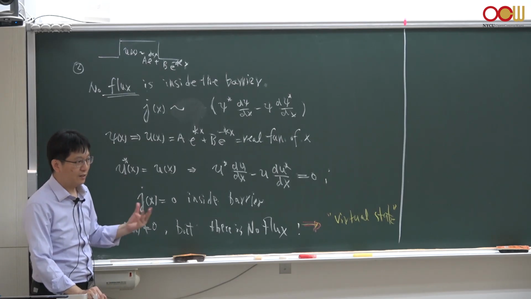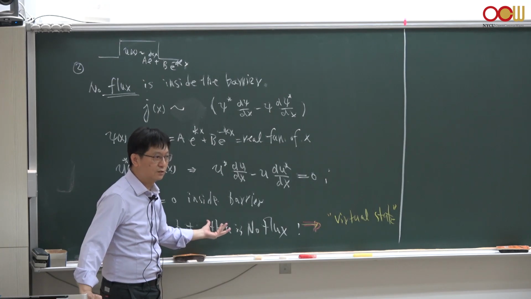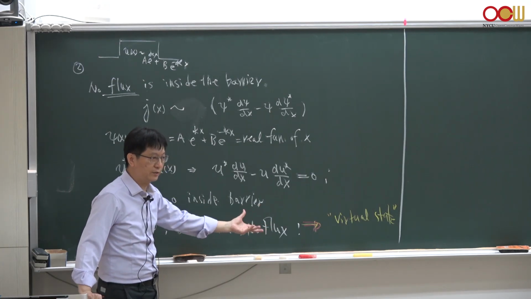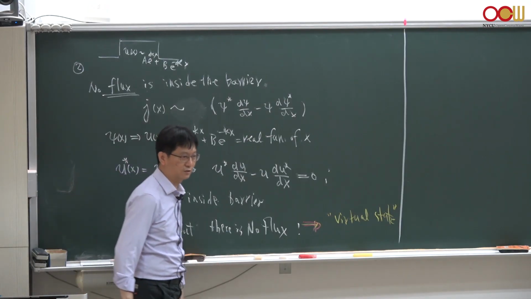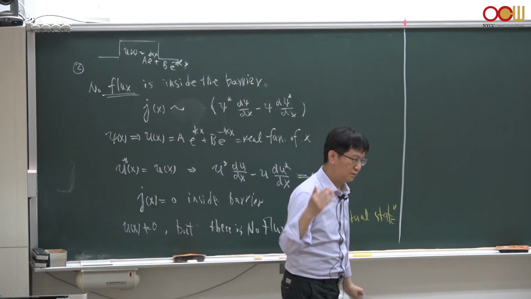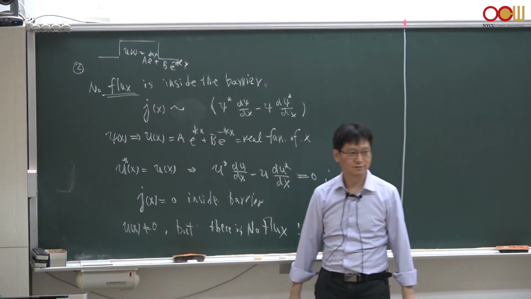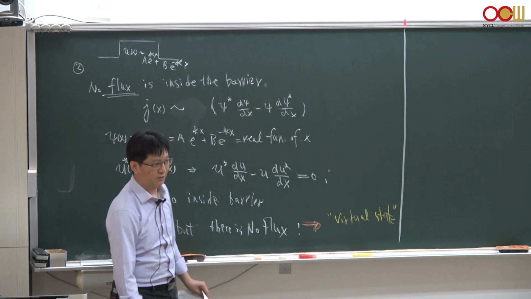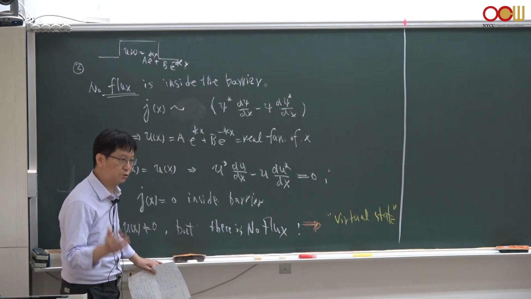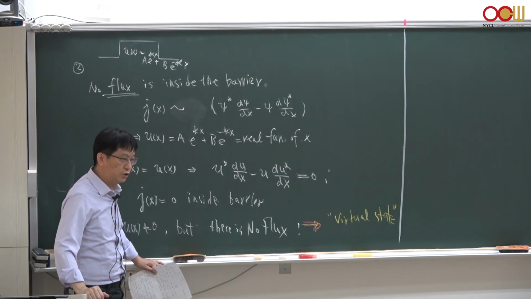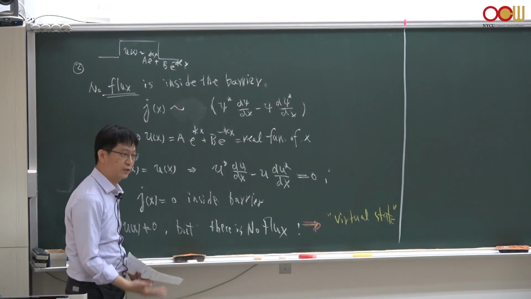So you cannot say that since you don't detect the flux, nothing is inside the barrier. No, there's something inside the barrier, but you don't know. So that's the answer. Something inside the barrier, but you have no way to know it. So that's the correct interpretation based on quantum mechanics. It sounds strange and weird, counterintuitive, but this is the thing that we need to accept.